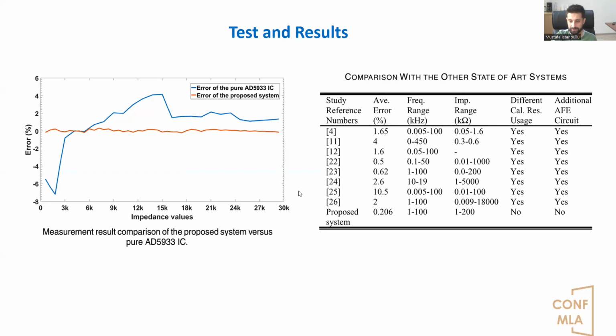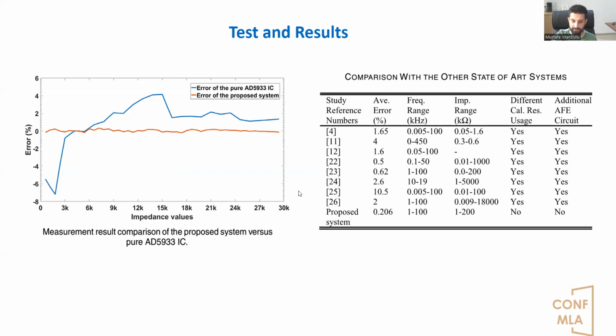On the other hand, the neural network utilization increased the processing time also, leading to a rise in the system's response time. The proposed system displays the measurement results averagely in 2.6 seconds.